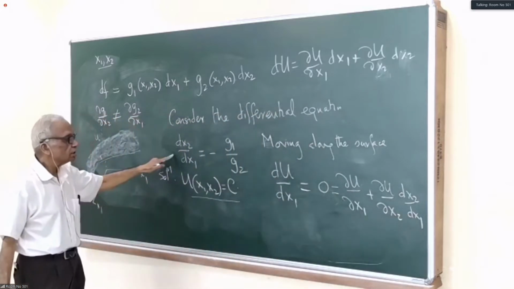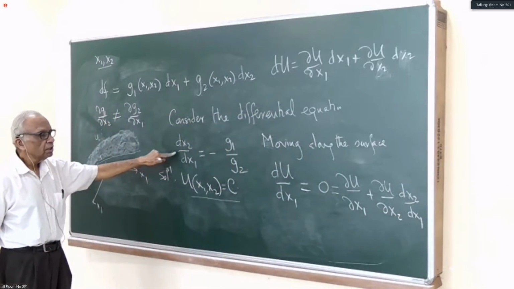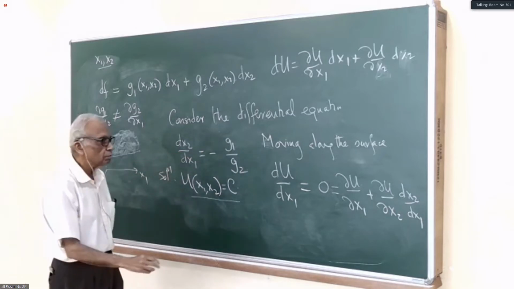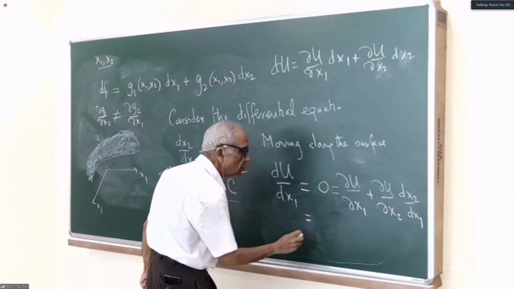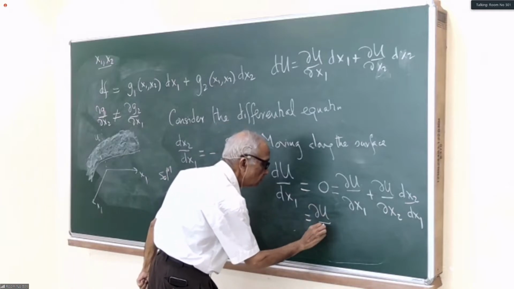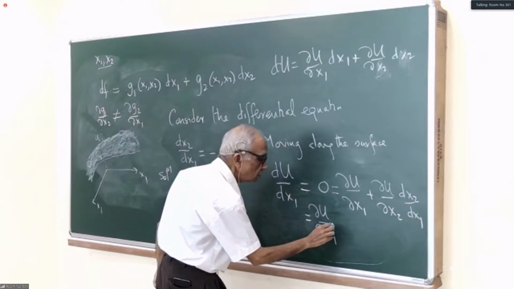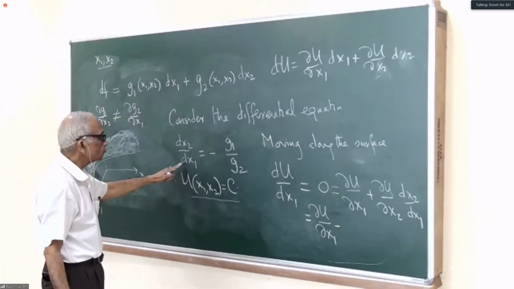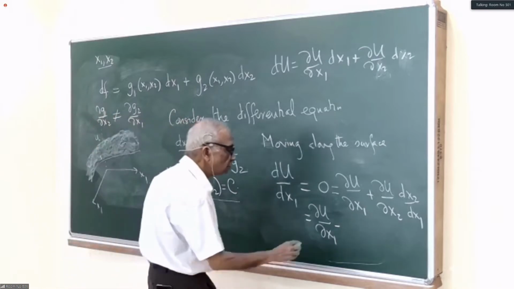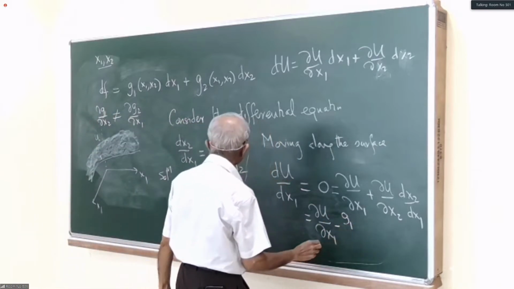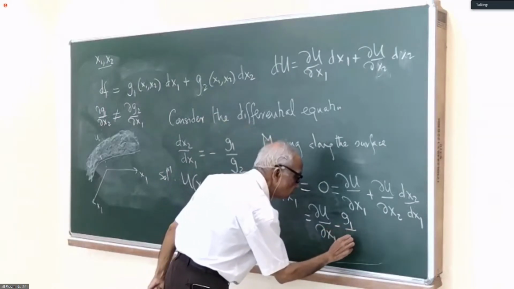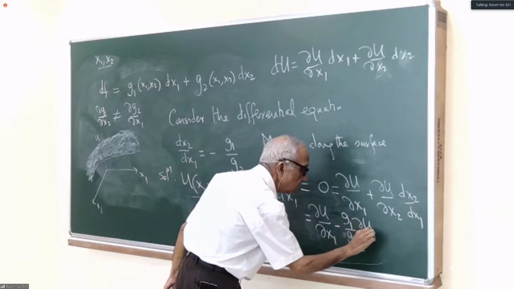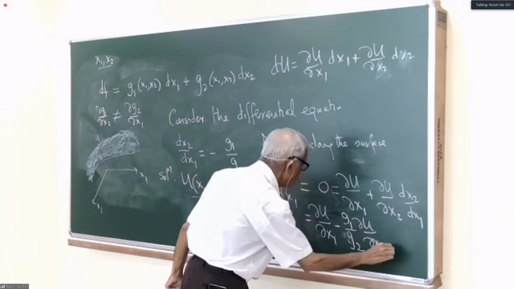But you know what dx2/dx1 is. dx2/dx1 is minus g1 by g2. So this is equal to del u del x1 minus g1 by g2 del u del x2.